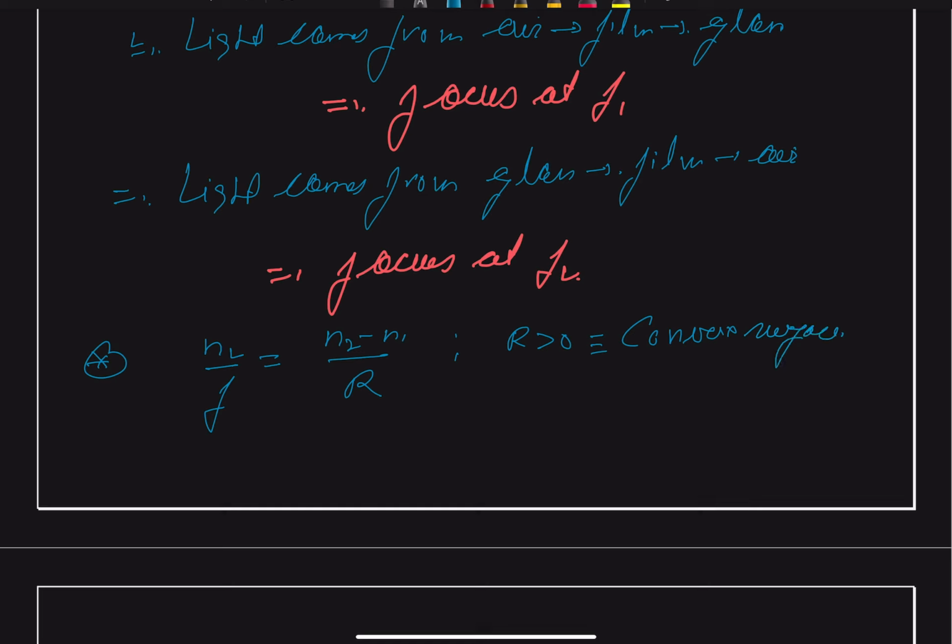And here N1 is our incident side and N2 is our transmitted side, and the object is at infinity.